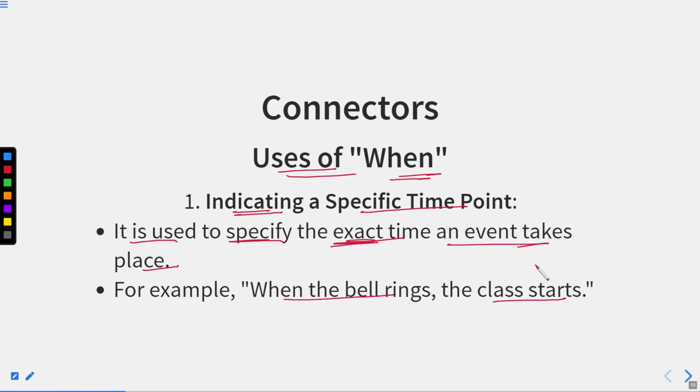As I told you, when we were in school, we noticed that whenever the bell rang, we used to initiate some pieces of work. Here the class starts, and it is totally based on the bell ringing. Whenever everyone heard the bell ringing, they initiated the classes.